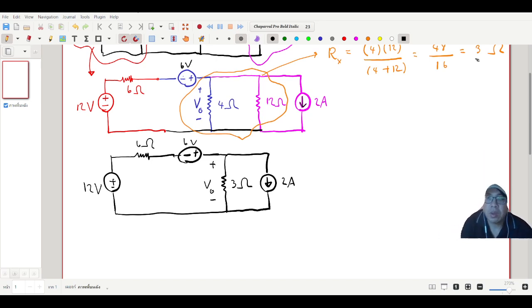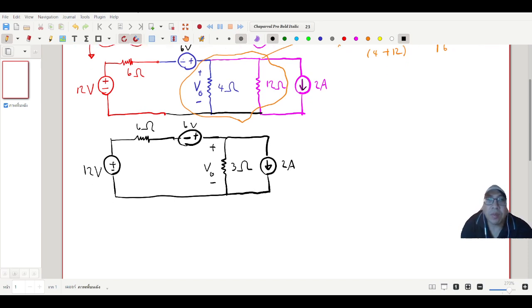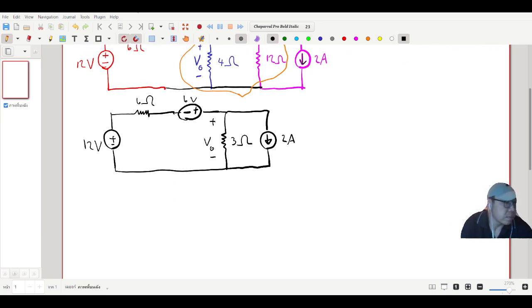For the next step, we will use source transformation again. But we try to keep this position here, because this is the value we need to know. We can transform another point. For the next step, we will try to transform here and here.